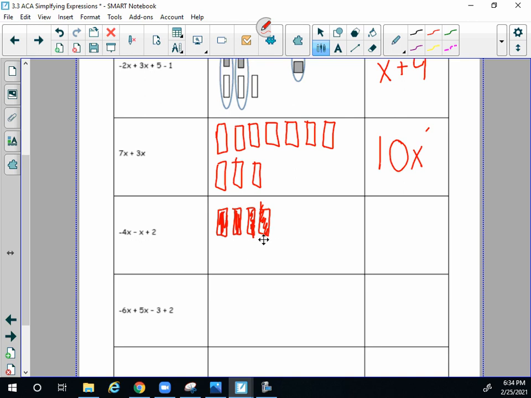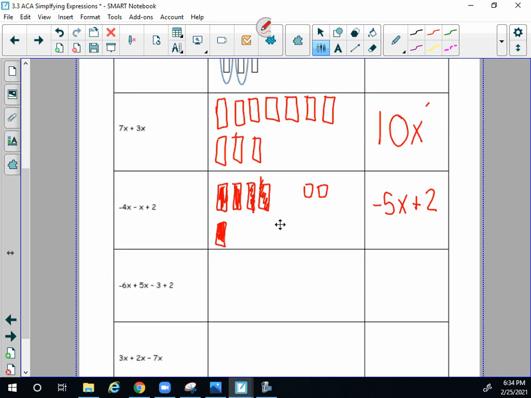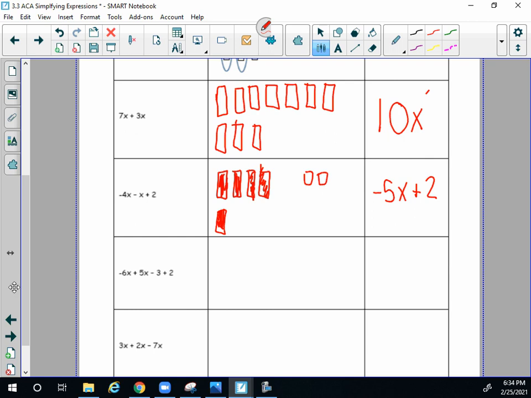And then minus x, so there's another negative x, plus 2. So I now have 1, 2, 3, 4, 5 negative x's, so negative 5x plus 2. None of these cancel out because they're all negative x's. Go ahead and try the next two on your own. Push pause and then push play when you're ready.